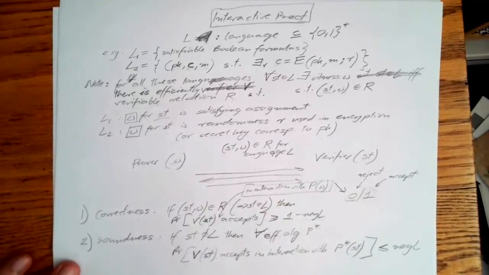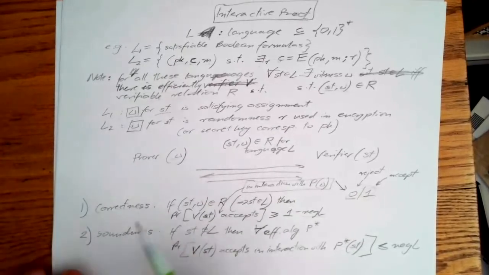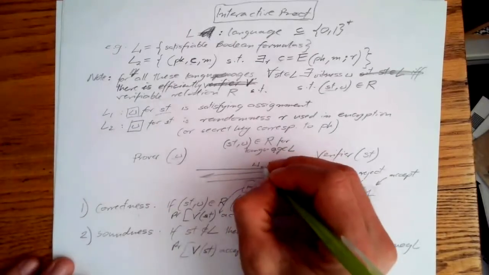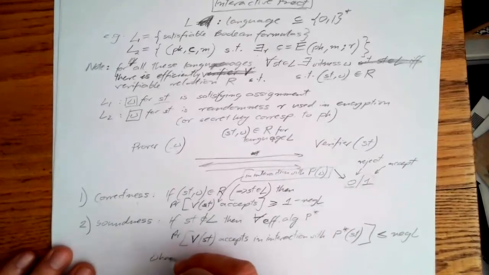But in the case of cryptography, these two properties are sort of not sufficient, at least in the application of a signature scheme. I need a third.